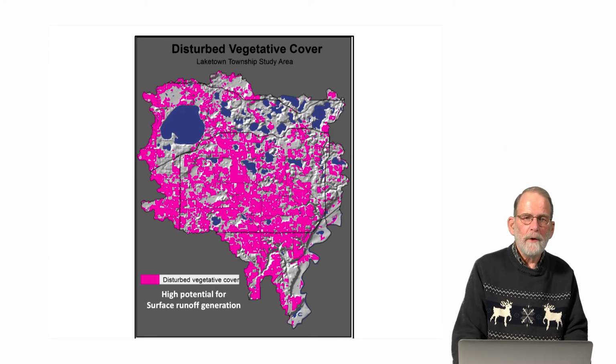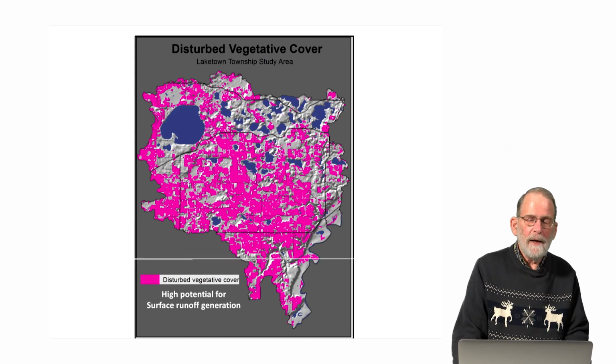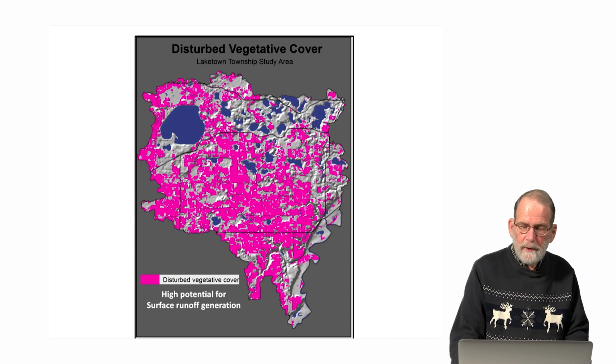In other words, the soil is in many instances not protected from precipitation and from runoff. So where we have a lot of cropland represented here as disturbed vegetative cover, we're going to have the potential to generate a high number of contaminant sources in upland areas for transport to bottomland sinks.